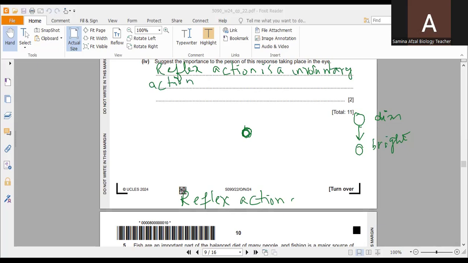So this is our rapid response to stimuli, which is a bright light.